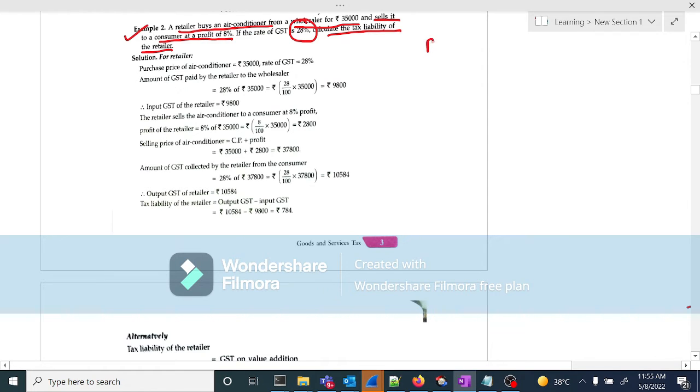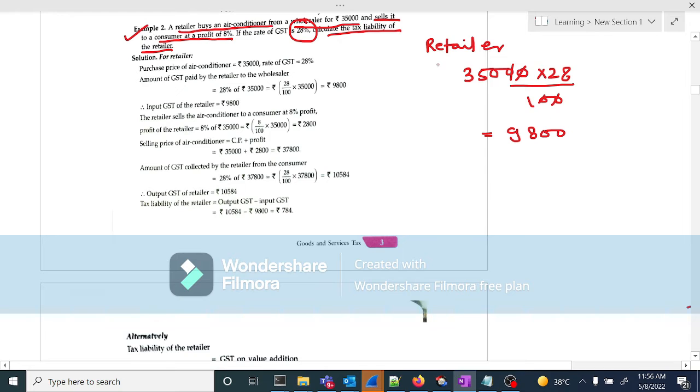So there is a retailer, right? The retailer is buying from a wholesaler. So at what price? 35,000 rupees, right? So he has to pay the GST on it, right? So we'll say, okay, the GST paid is 9,800.